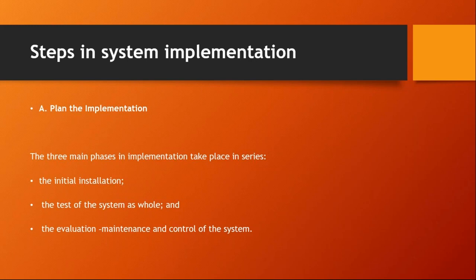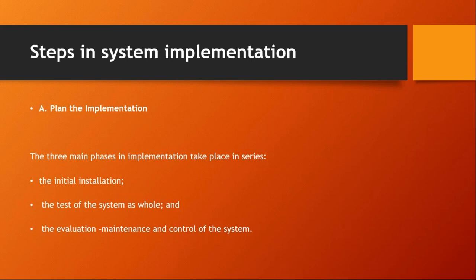Now, once you install, test the system to be sure that it's working. Before you go ahead to fully implement it, be sure that what you have installed is working. So you test the system as a whole, and then evaluation has to do with putting up strategies of how to maintain and control the system to avoid failures and the rest of them.